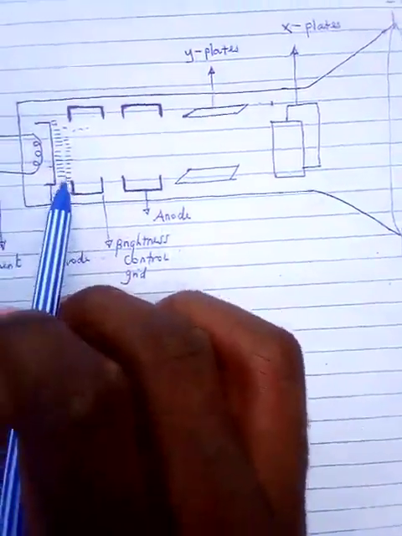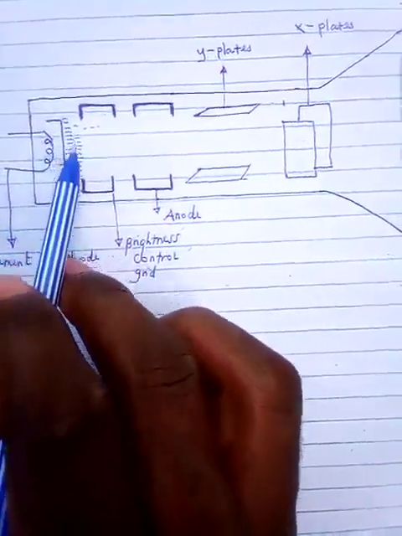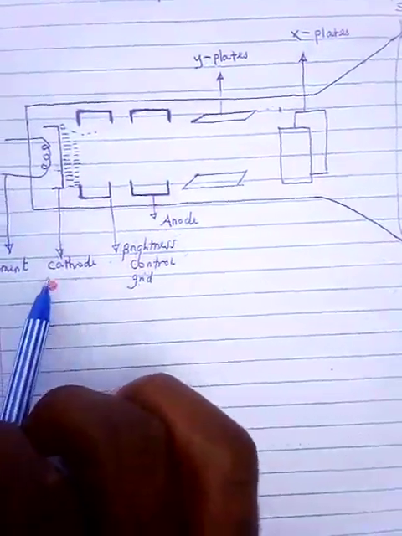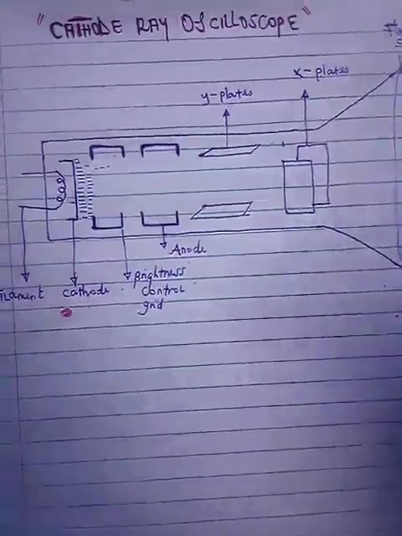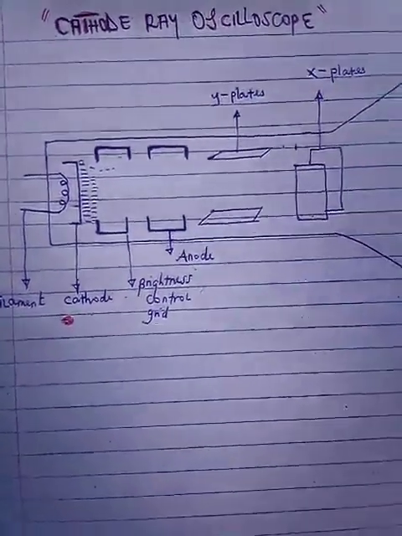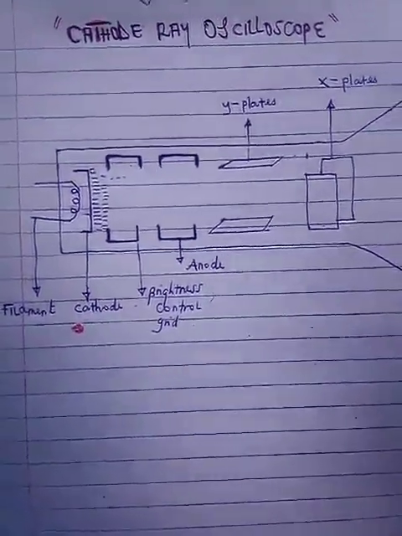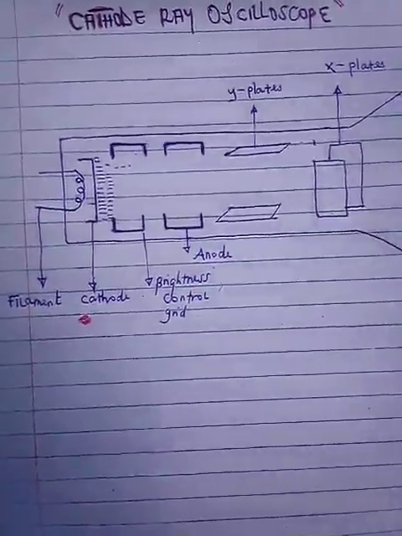So what is now going to happen is this: once they begin to pass through this brightness control grid, let me explain to you what happens. We have said that the brightness control grid is negatively charged. These cathode rays, remember, are streams of electrons and they are also negatively charged.